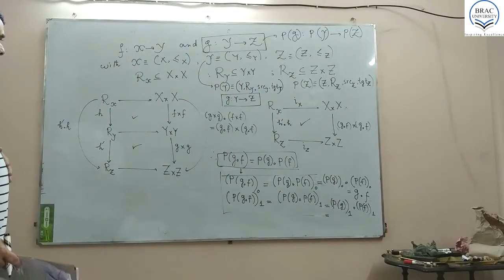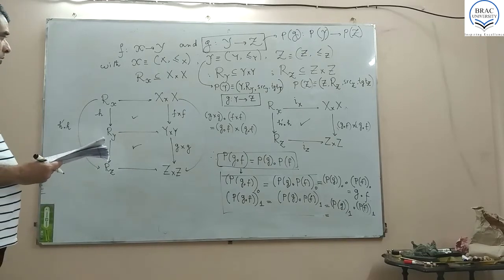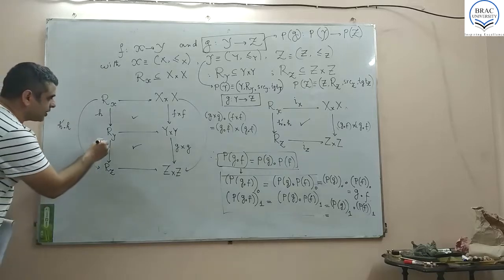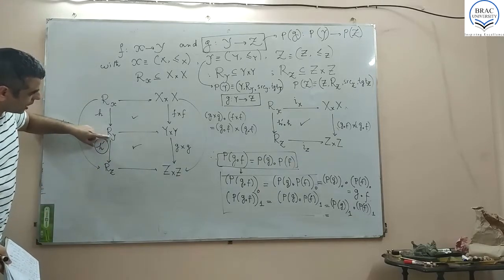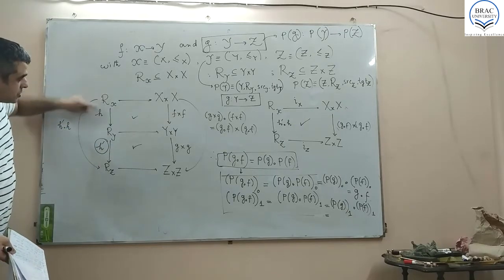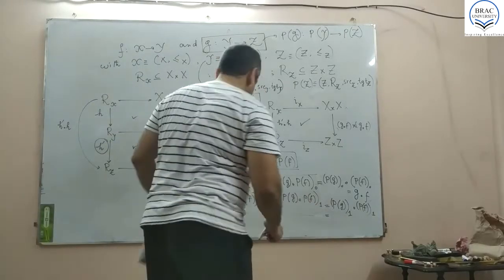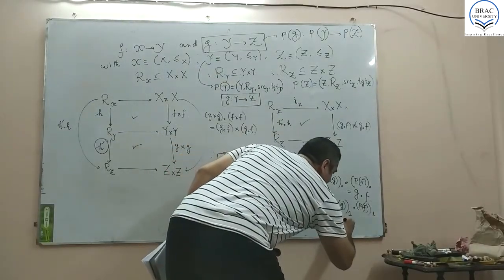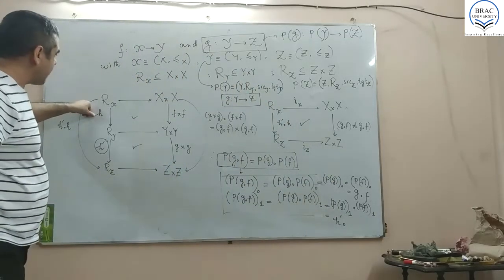For the arrows, the set of arrows are R_Y, the set of arrows R_Z, and the set of arrows R_X. So this is the map PG1, and this is the map PF1.